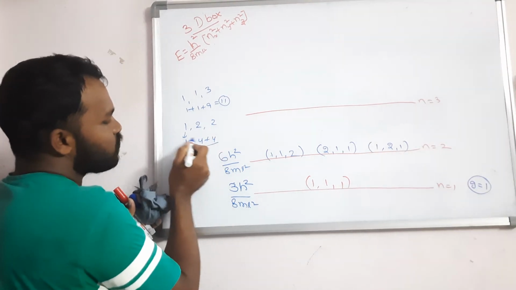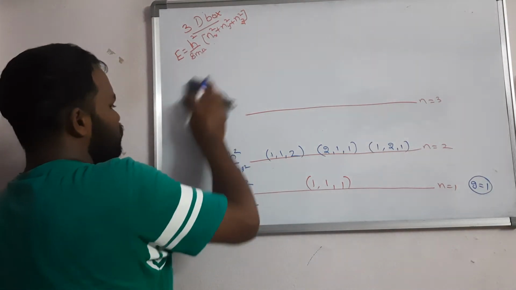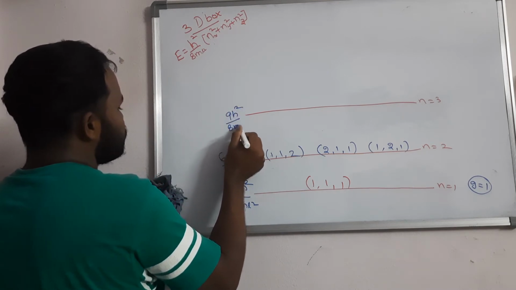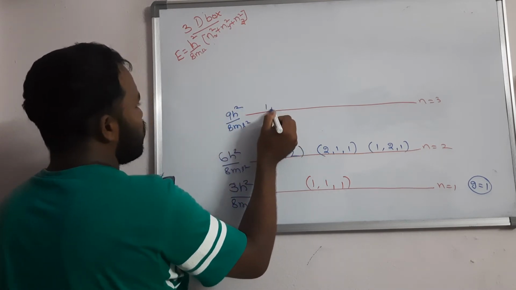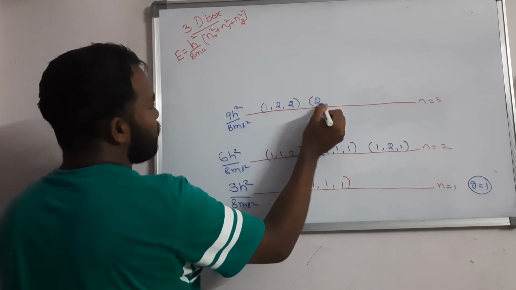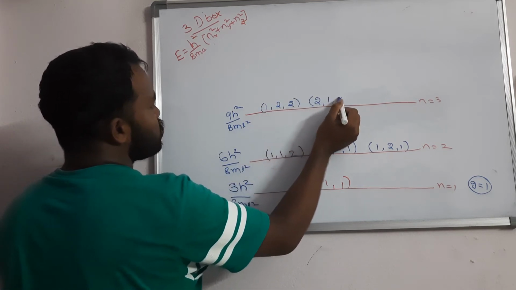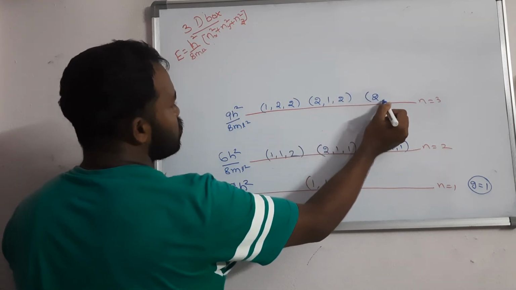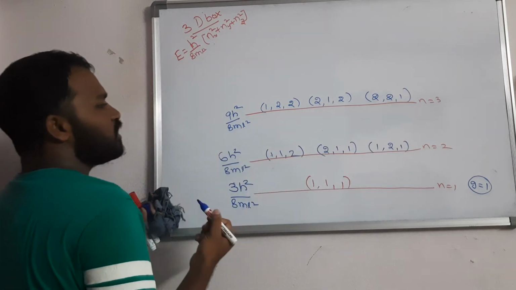I will get 4 plus 4 plus 1 is 9, 9h square by 8ml square. What are the choices? Possibilities are 1 comma 2 comma 2. One more possibility, 1 in the middle, 2 comma 1 comma 2. Next possibility is 2 comma 2 comma 1. 3 possibilities you will get.